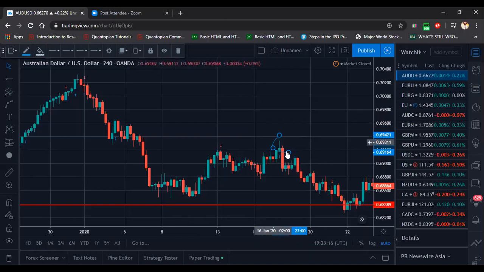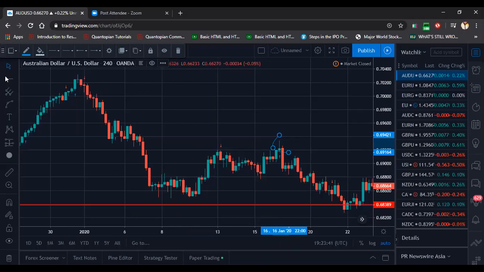Anytime you see a shooting star, it means that buyers are not able to take price higher, so sellers are jumping into the market. So the moment you see that setup, you need to sell that particular currency. For the Australian dollar against the US dollar, the moment we see this shooting star, we'll be like, okay, I think this is a good time to sell the currency.